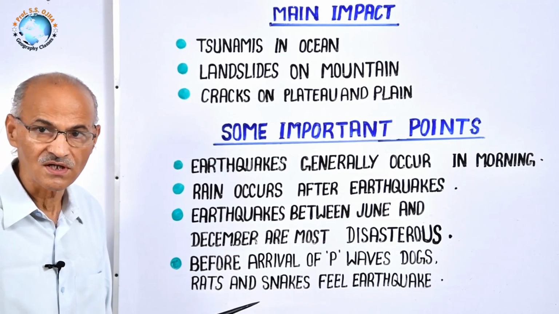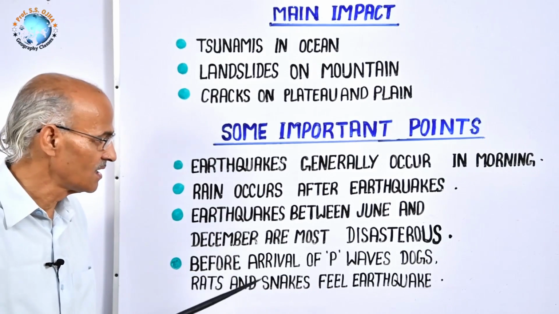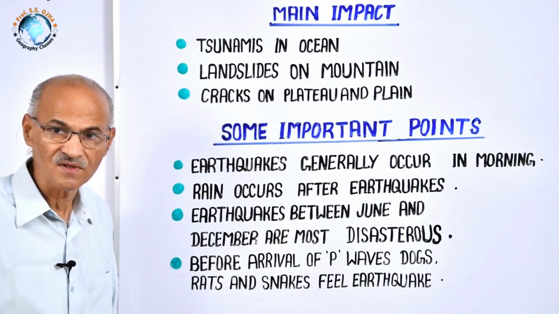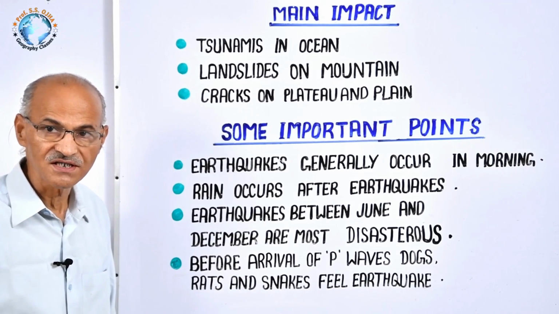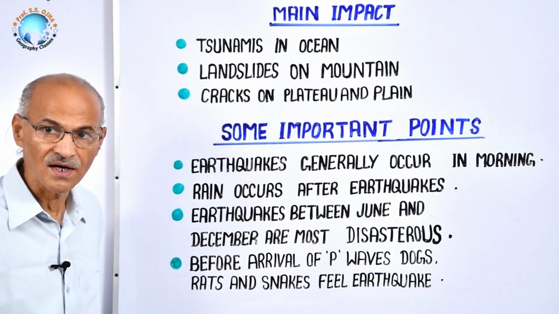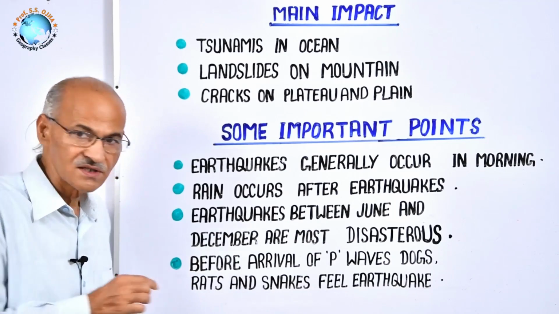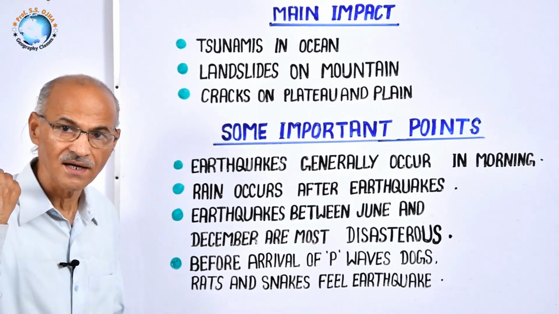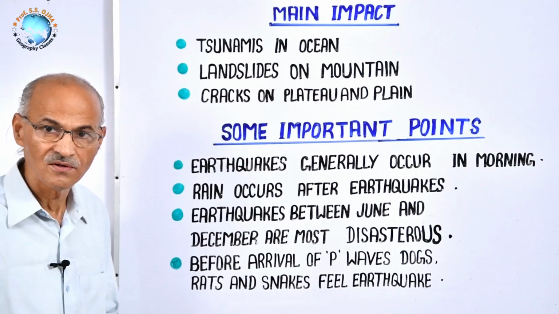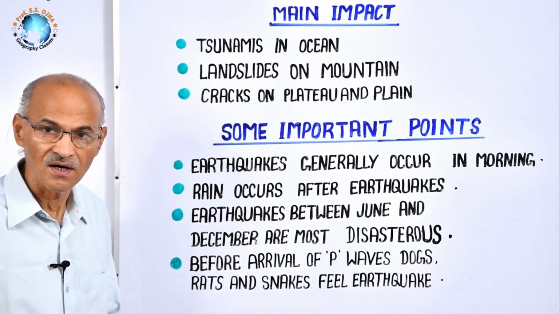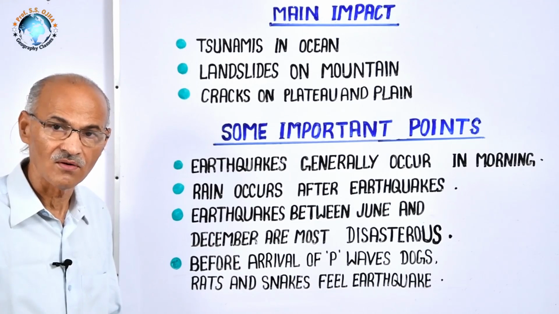Today we should decide never to kill dogs, rats and snakes, because if plastic surgery technology develops, then we people can have some skin part of this rat or snake on our back, kept alive with the help of tissue culture, and that will give us a previous sense of earthquake and we can save our lives.